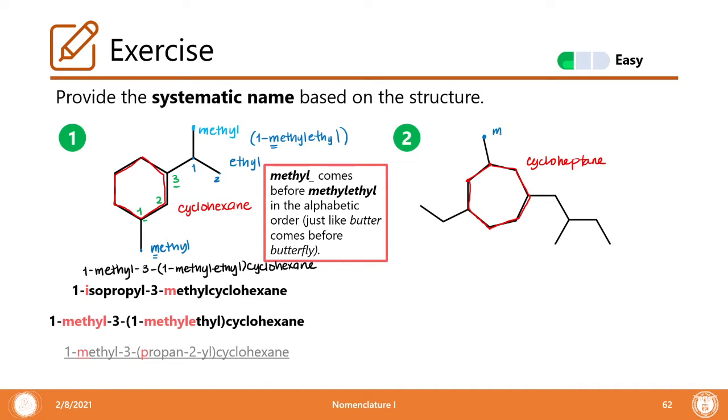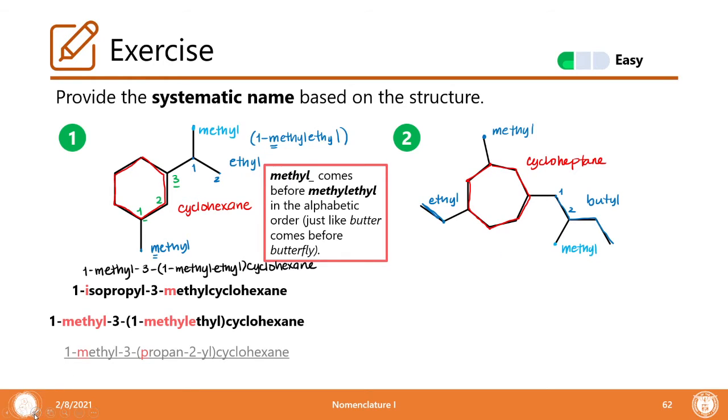We have a methyl group. We have an ethyl group. We have a 1, 2, 3, 4 butyl group. At position 2, it has a methyl inner substituent.